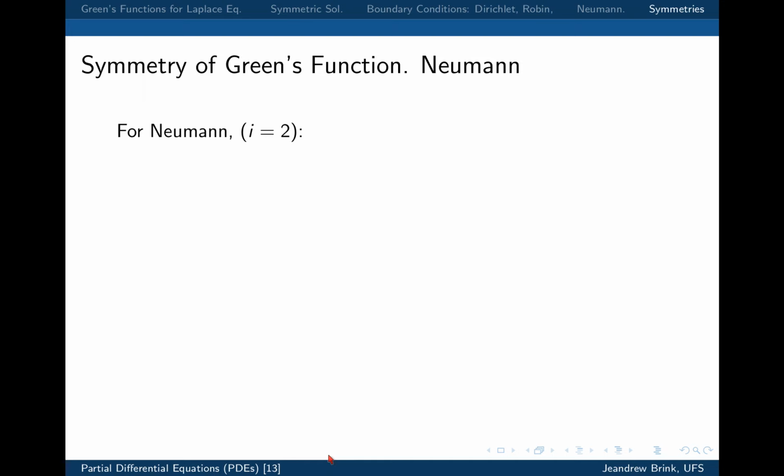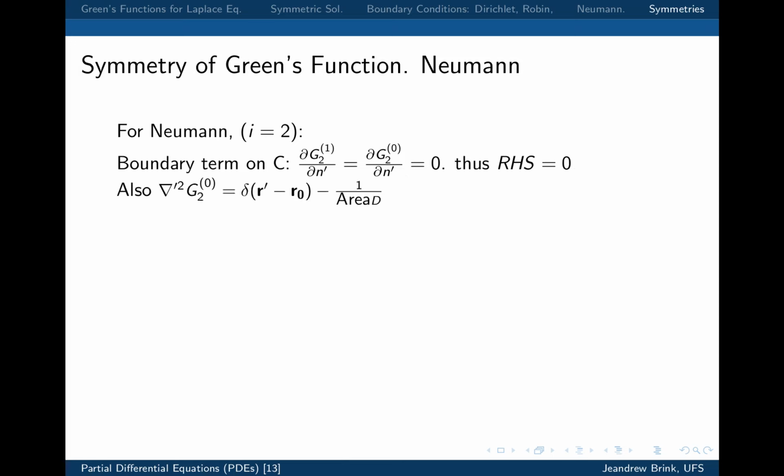Okay, for the Neumann case, you have to do a little bit more work, but the result also follows almost straightforwardly. Basically, the boundary term on C is now equal to 0 because the normal derivative of both of the Green's functions is exactly 0, so the right-hand side cancels out. The term that actually has the Laplacian in, we're now going to replace with the definition of the Green's function for Neumann boundary conditions.